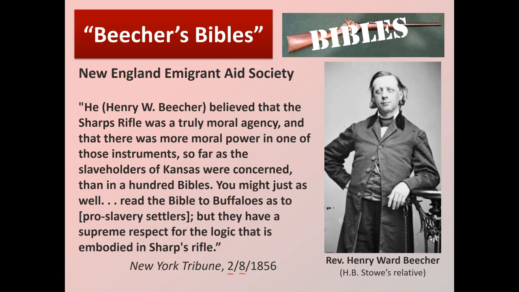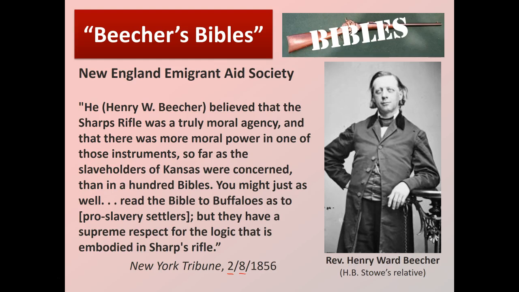So he believed that the Sharps rifle was truly a moral agency, and that there was more moral power in one of those instruments, so far as the slaveholders of Kansas were concerned, than in 100 Bibles. You might just as well read the Bible to buffaloes as to pro-slavery settlers, but they have a supreme respect for the logic that is embodied in the Sharps rifle.